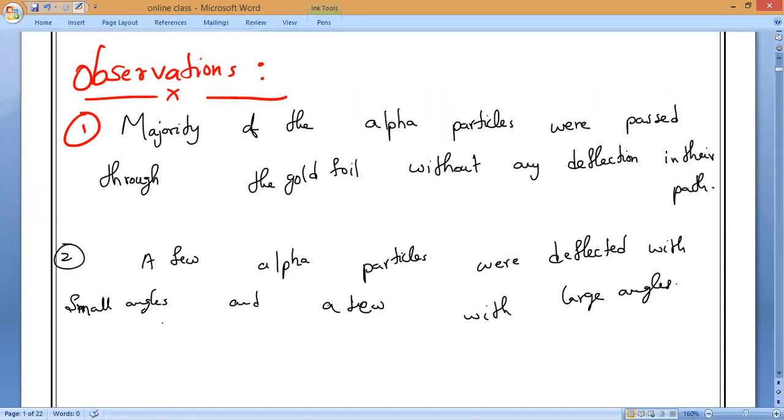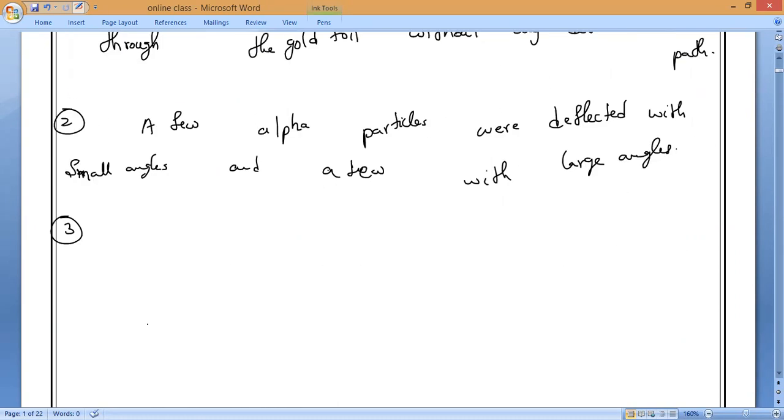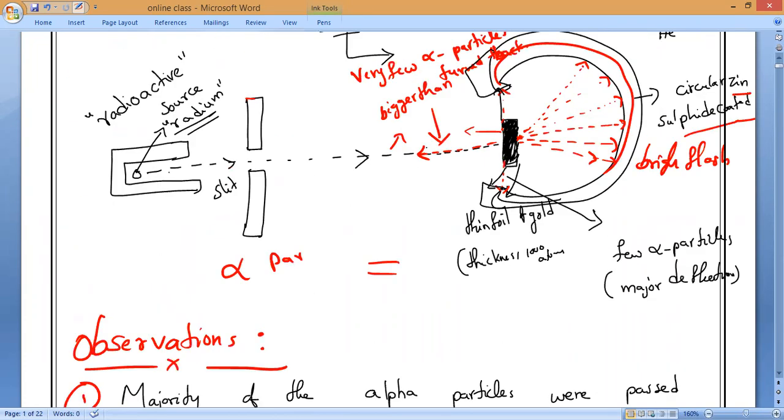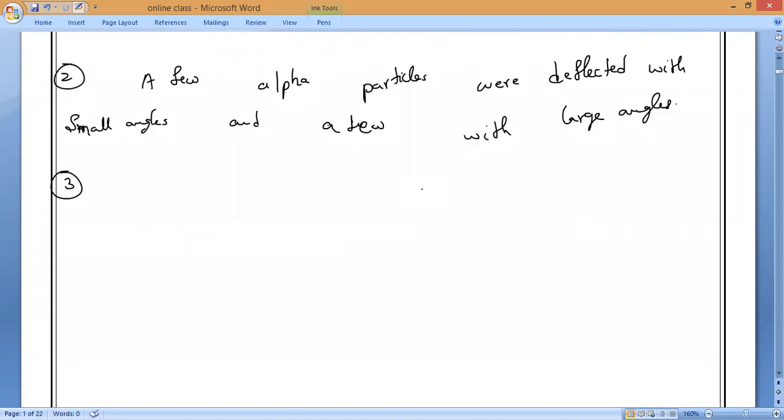Okay, next. He noticed one more surprising result. A very few are actually bouncing back. Have you noticed that? Exactly bouncing back. He used to count that after every 12,000 alpha particles, one is turning back in the same direction. Very few.